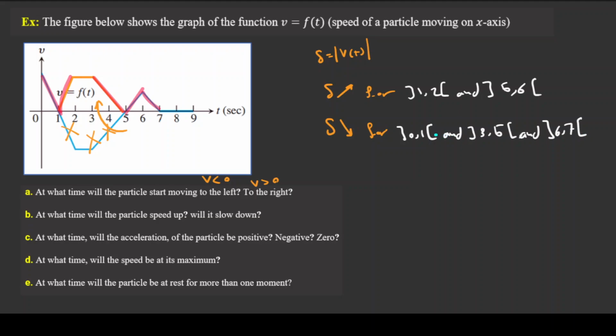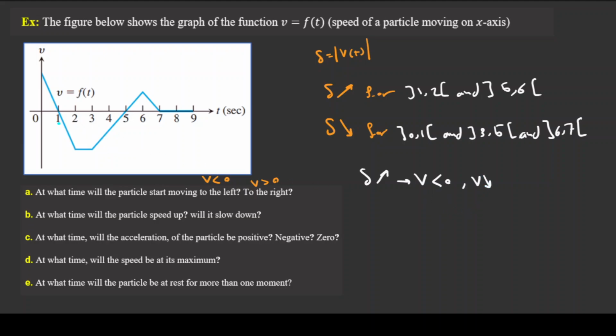Okay, let me summarize, guys. Suppose we don't have the absolute value graph, we can say the particle speeds up when velocity is negative and decreasing.